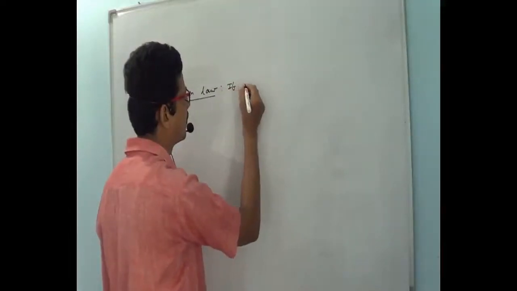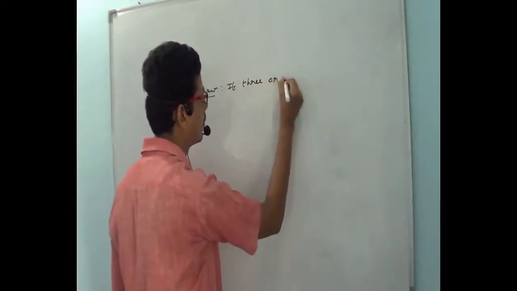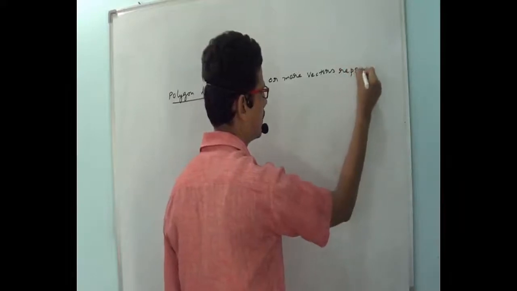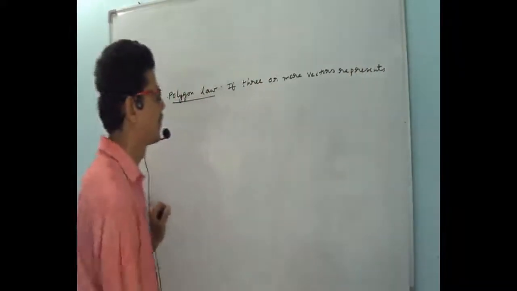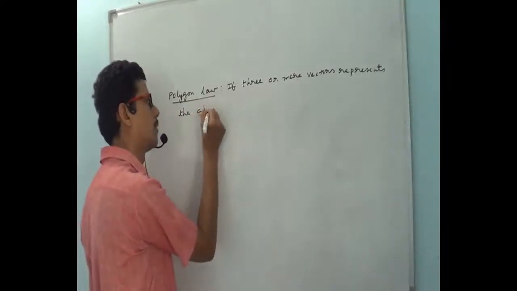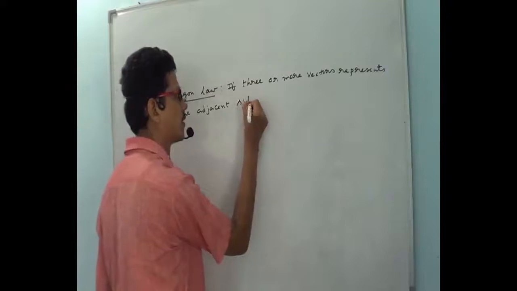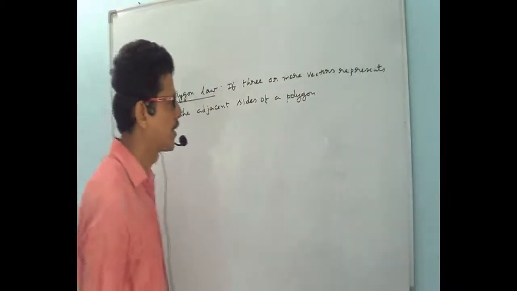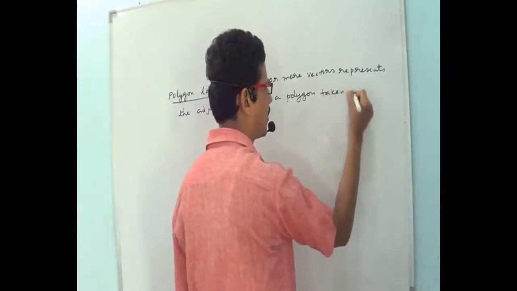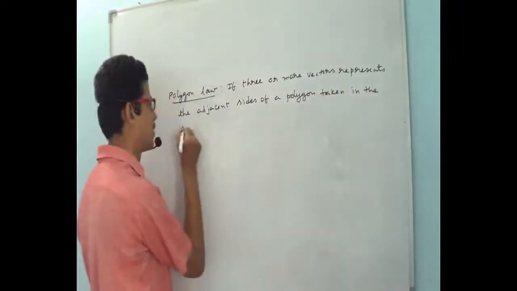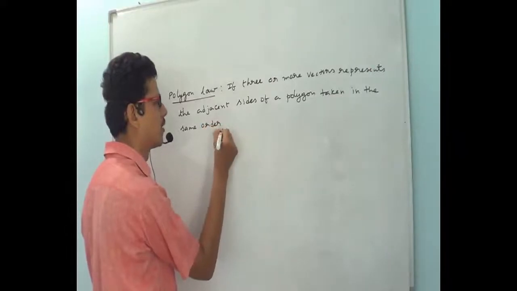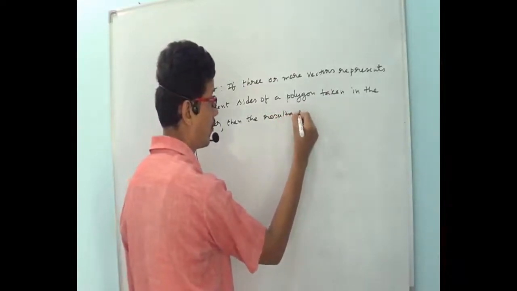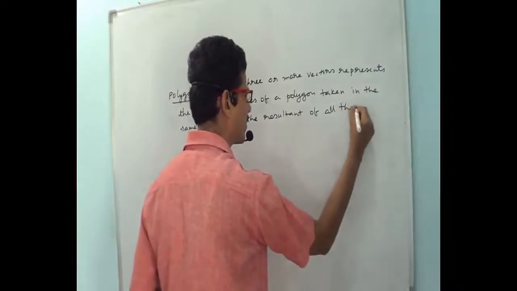If three or more vectors represent the adjacent sides of a polygon taken in the same order, then the resultant of all these vectors, how do we write?